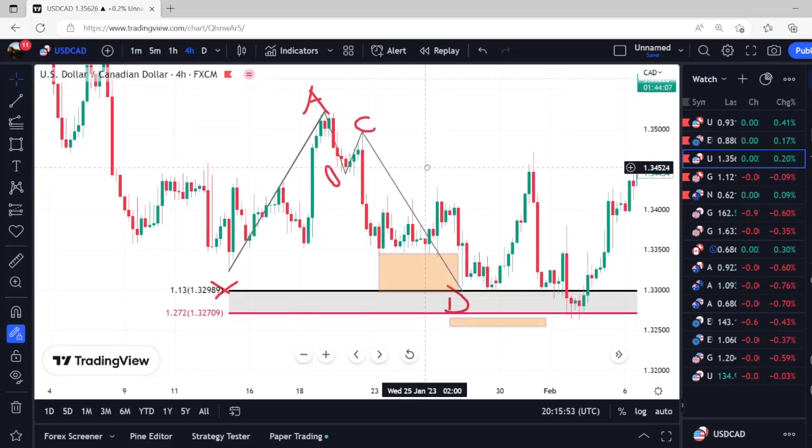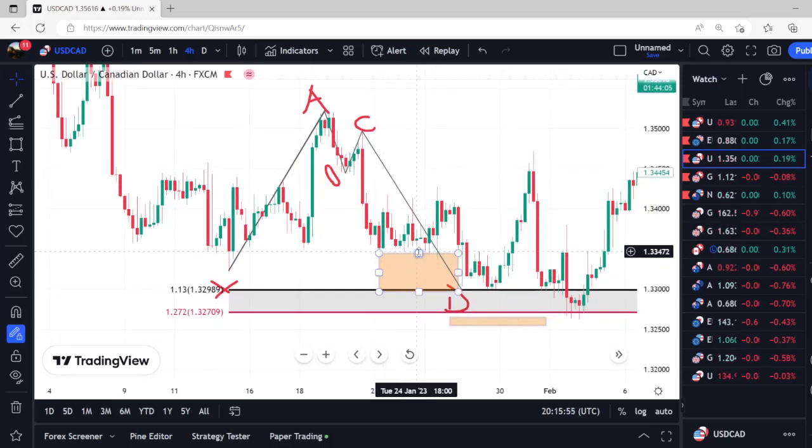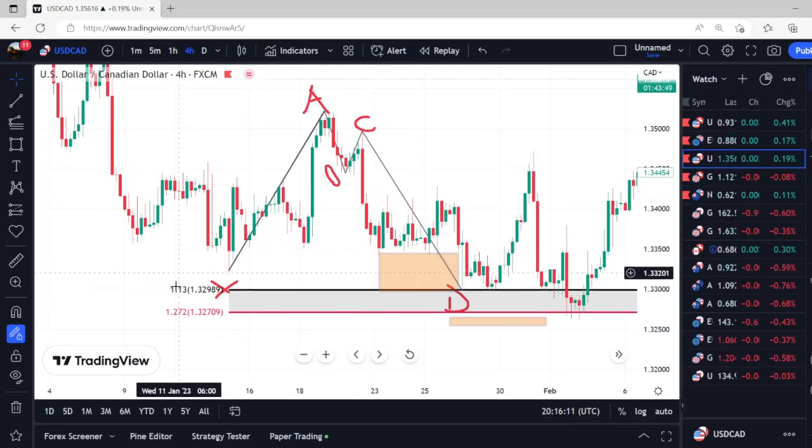Remember, this is where we're looking to take our long position. Even if you took your long position here, your stop loss still goes below here, so you're still fine. But obviously, with the alternate bar pattern, I always wait to see the price hit the 1.13 extension. That's what I always do.